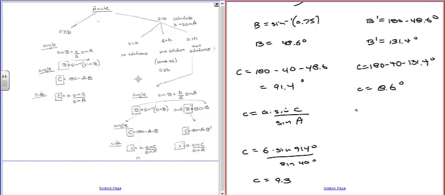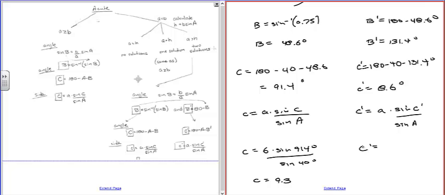And over here, let's use a prime, so it's C prime. As far as lengths and angles, A is the same for both of them, so we don't have to redo that.